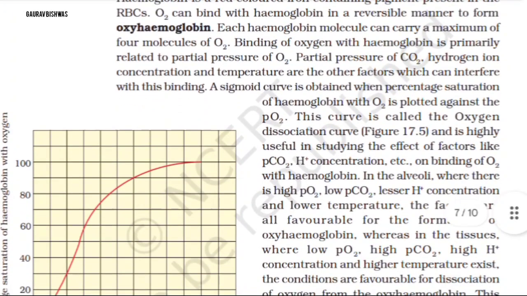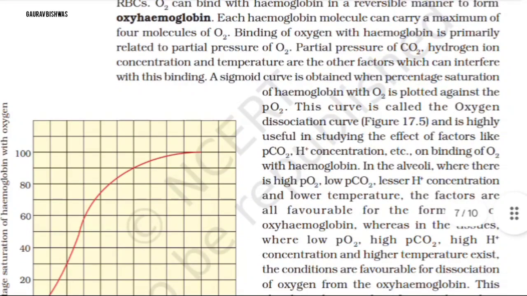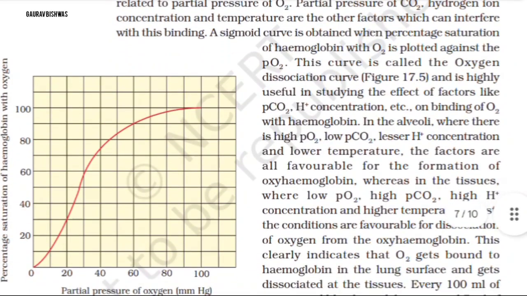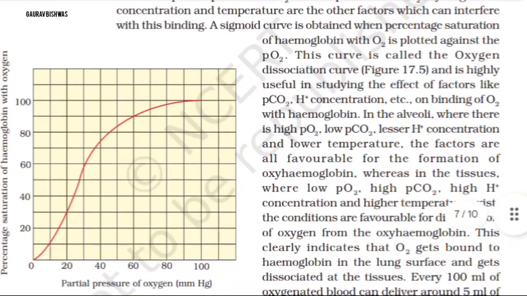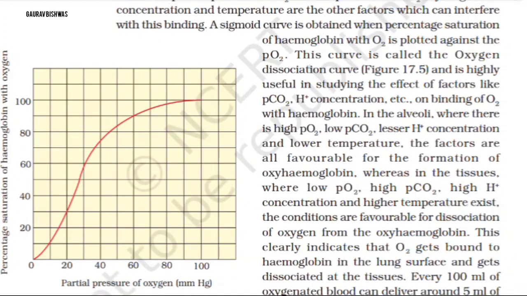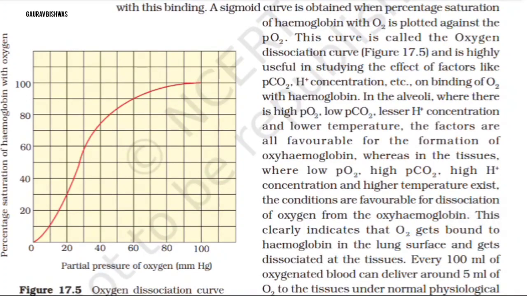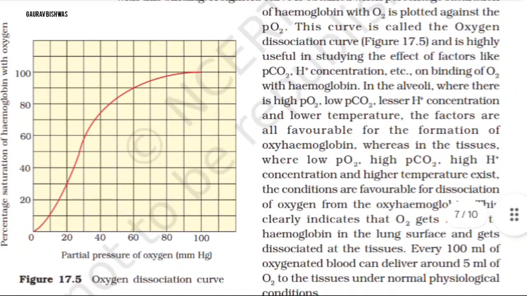Partial pressure of carbon dioxide, hydrogen ion concentration and temperature are the other factors which can interfere with the binding. A sigmoid curve is obtained when percentage saturation of hemoglobin with oxygen is plotted against the pO2. This curve is called the oxygen dissociation curve, figure 17.5, and is highly useful in studying the effect of factors like pCO2, H+ concentration, etc.